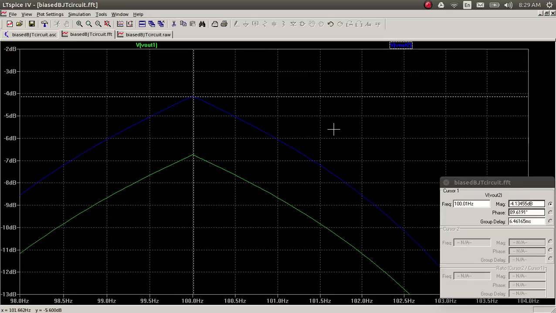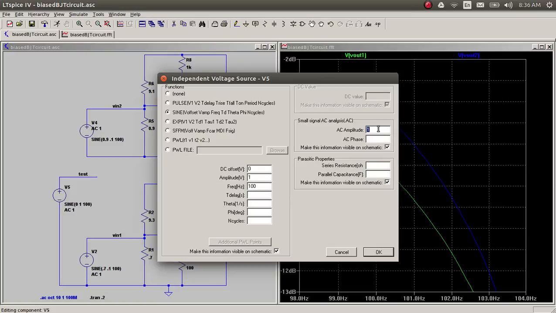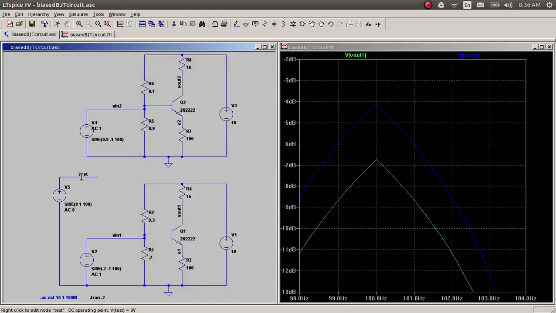Does that make sense? To make sense of the FFT, first we should plot something we absolutely know. So that's what I'm going to do. I have put a new voltage source, well, the AC value doesn't really mean anything. It's a sinusoid of amplitude 1 at 100 Hz, and this is the test value.